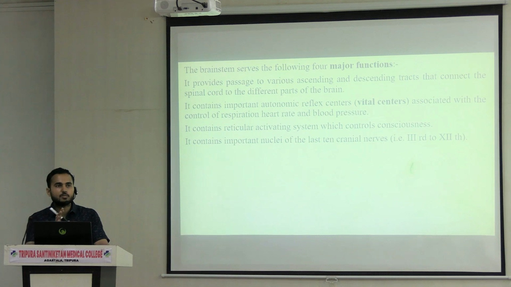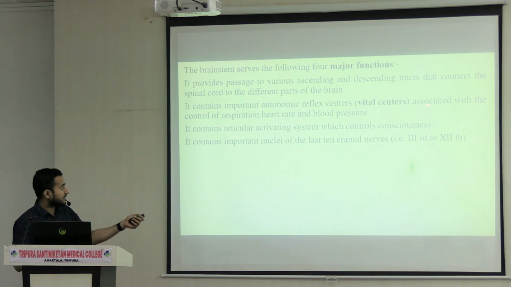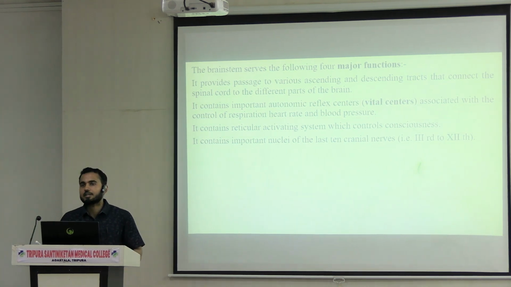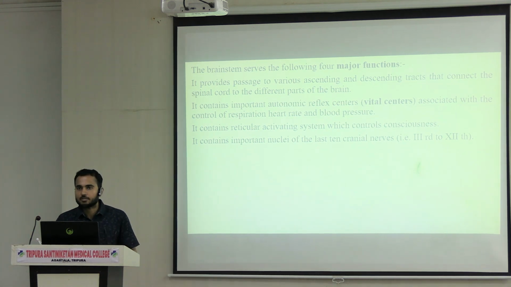Can anyone tell me what are the vital centers present in the brainstem? Three important vital centers are present: the respiration rate center, then the center which is controlling the blood pressure.